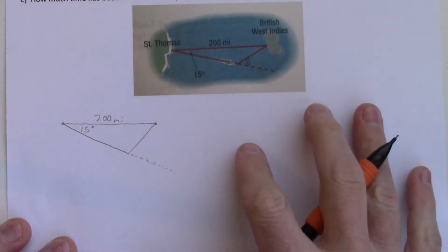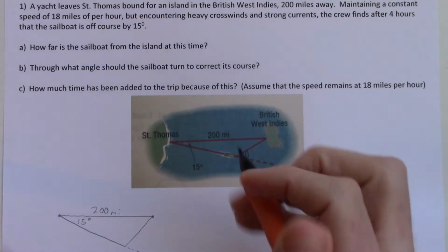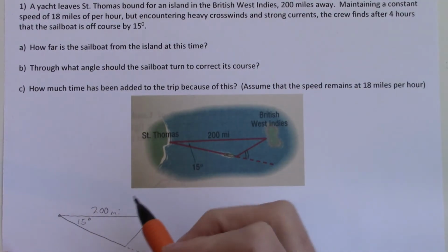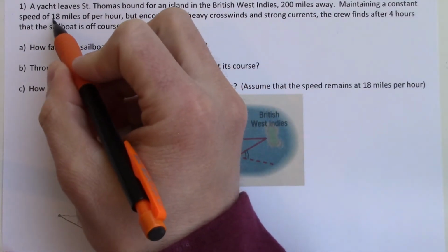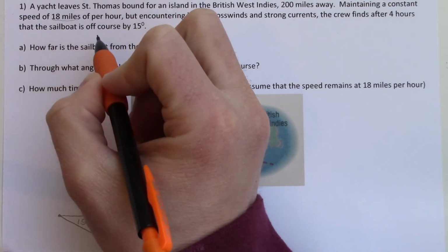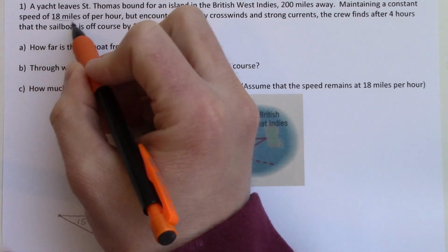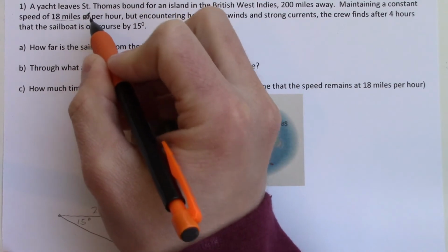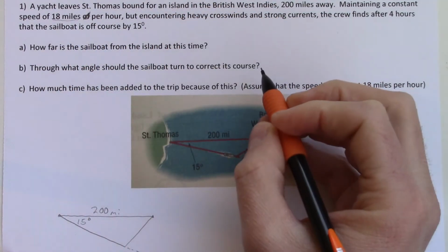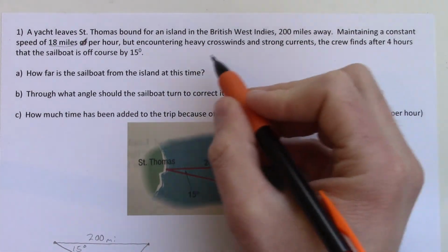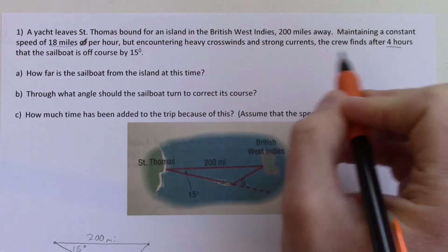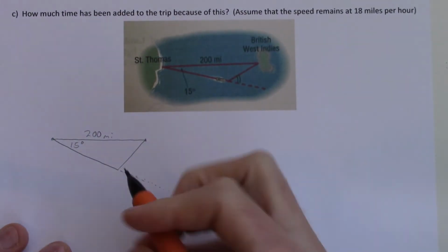All right. The other bit of information that we were given in this problem that isn't already labeled is that it was traveling at a speed of 18 miles per hour. That doesn't make sense, I just found a typo. 18 miles per hour. And it is for 4 hours, right? So for 4 hours, it's traveling in this direction.